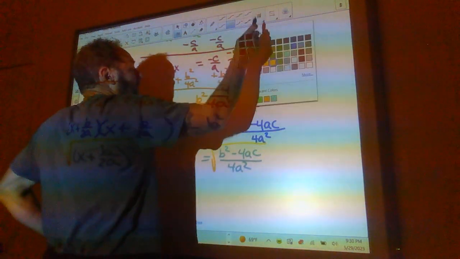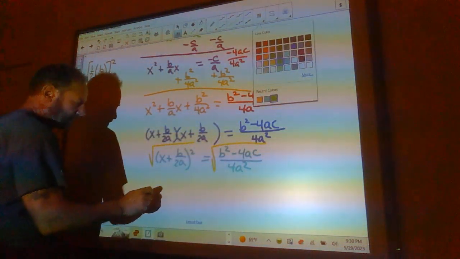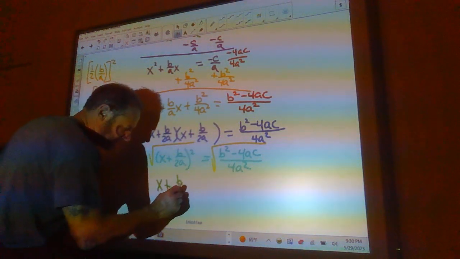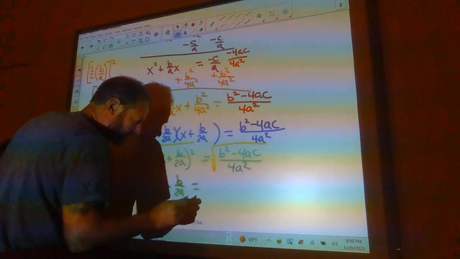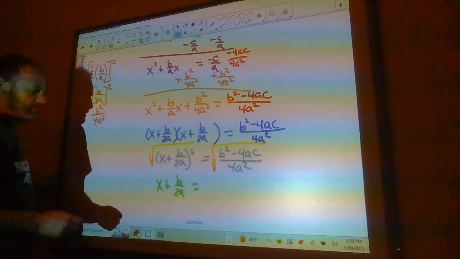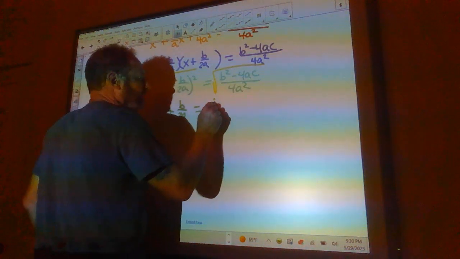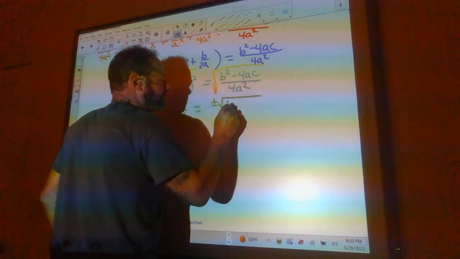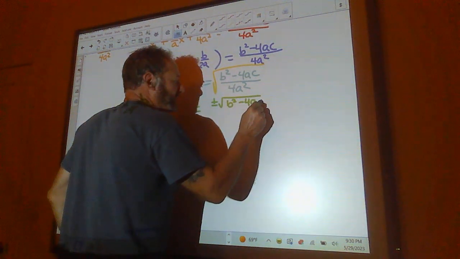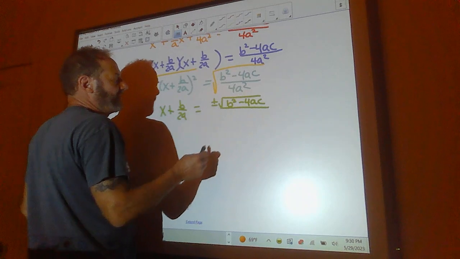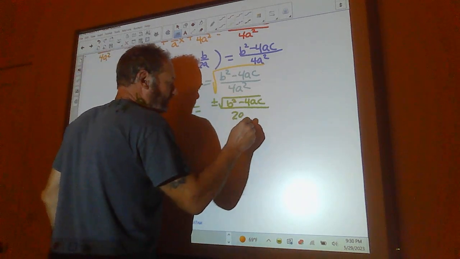Okay, now we're going to square root both sides. So what do we get when we do that? Well, we're going to get x plus b over 2a equals plus or minus the square root of b squared minus 4ac, and the square root of the denominator is going to be 2a.